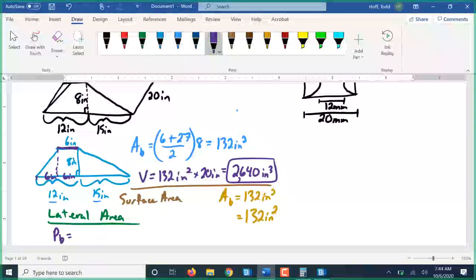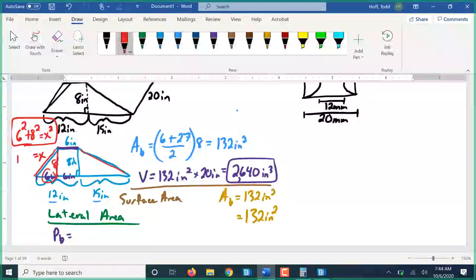Now we can find these missing sloped surfaces. This is 6, 8, and then whatever that surface is. 6 squared plus 8 squared equals, I'll just call that x for now, x squared. I'm going to trust that you guys can do this equation at this point. That'll give us that x is 10 inches.